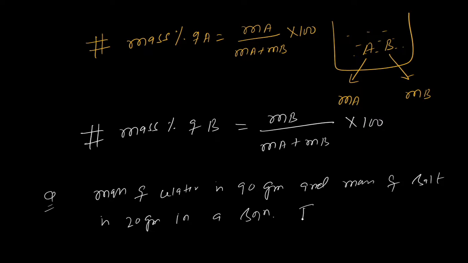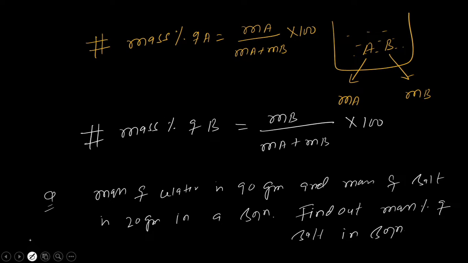The question is: find the mass percentage of salt in the solution. So they have given the mass of water, and also the mass of salt, that is 20 gram. First they are asking about the mass percentage of salt, so we have to use the formula.